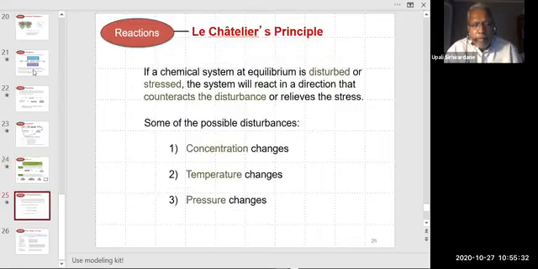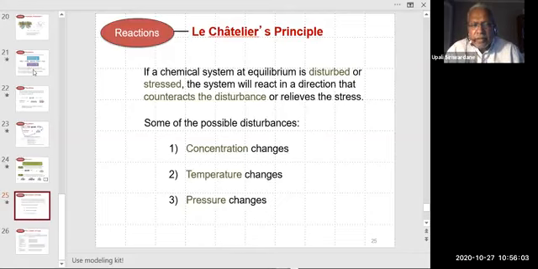We use Le Chatelier's principle to change the equilibrium position to obtain what we desire. If a chemical system at equilibrium is disturbed or stressed, the system will react in a direction that counteracts the disturbance or relieves the stress.